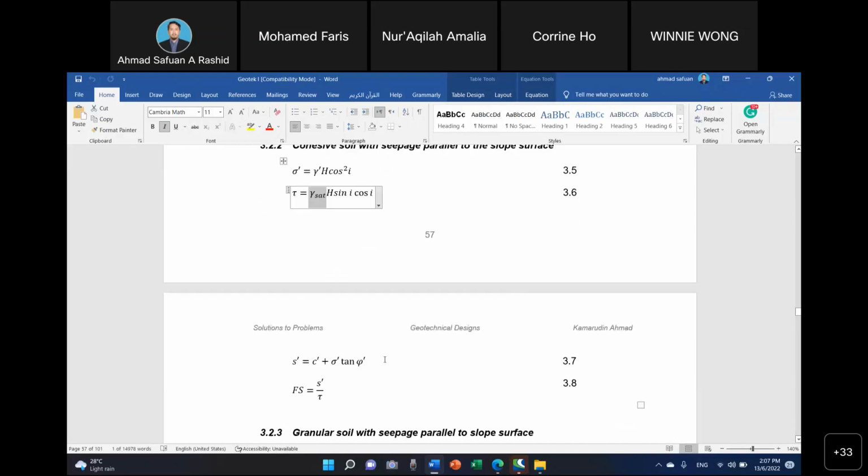In this case, we may use the effective value, because the water could be compressed, not sheared. That is why we need to eliminate the unit weight of water. So that is equations 3.5 to 3.8.